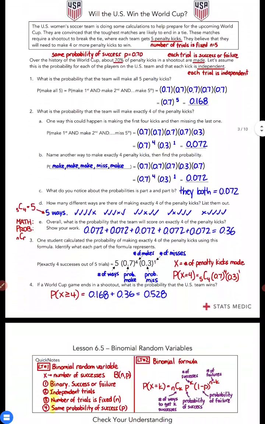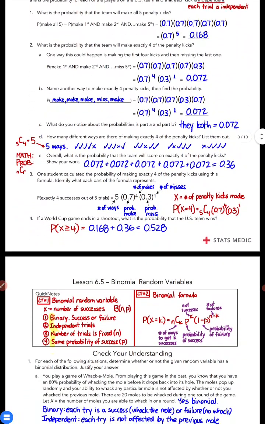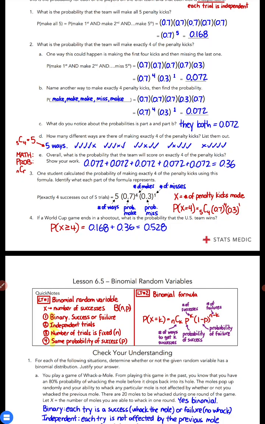Okay, so what are some calculations that we can do here? Question number 1 says, what's the probability that the team will make all 5 penalty kicks? I'm going to reword this question a little bit and say it this way: what's the probability that they make the first one and the second one and the third one and the fourth one and the fifth one?